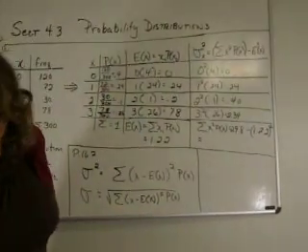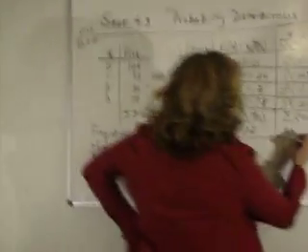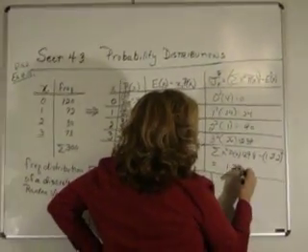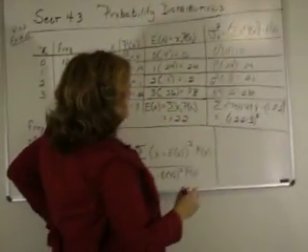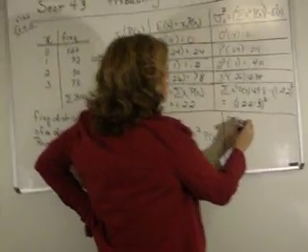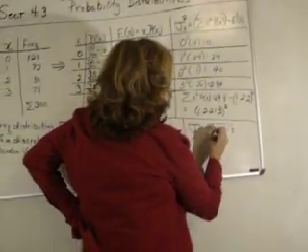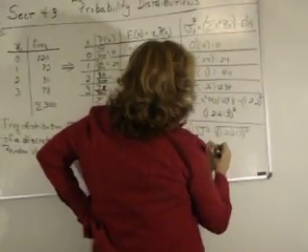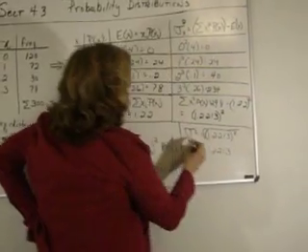And finally, what we learn is that our variance is going to be 2.98 minus 1.22 squared. That's my variance. My standard deviation is going to be equal to the square root of that.